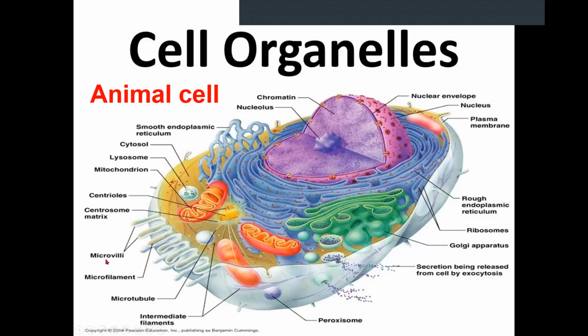What else should I tell you? The centrioles, these things here, are involved in replication. When a cell undergoes mitosis or meiosis, which we'll talk about later, these are important bits. The rest we can do without.